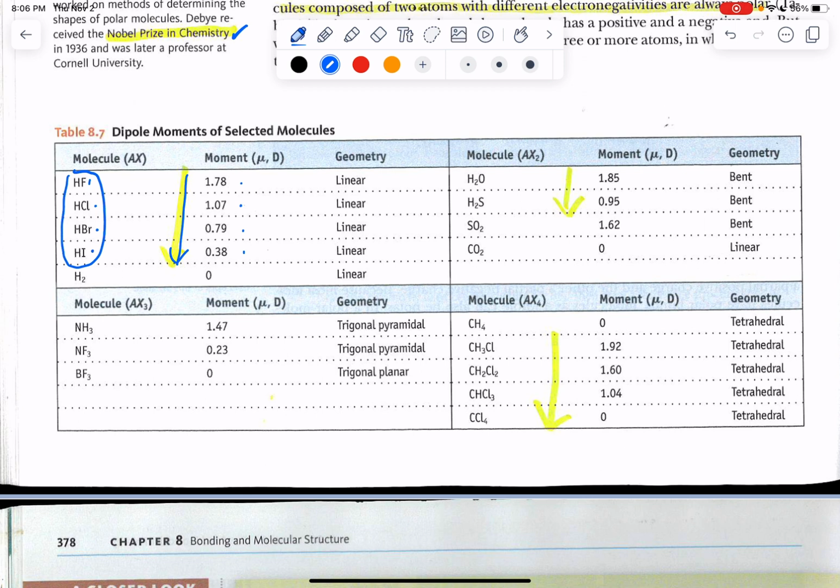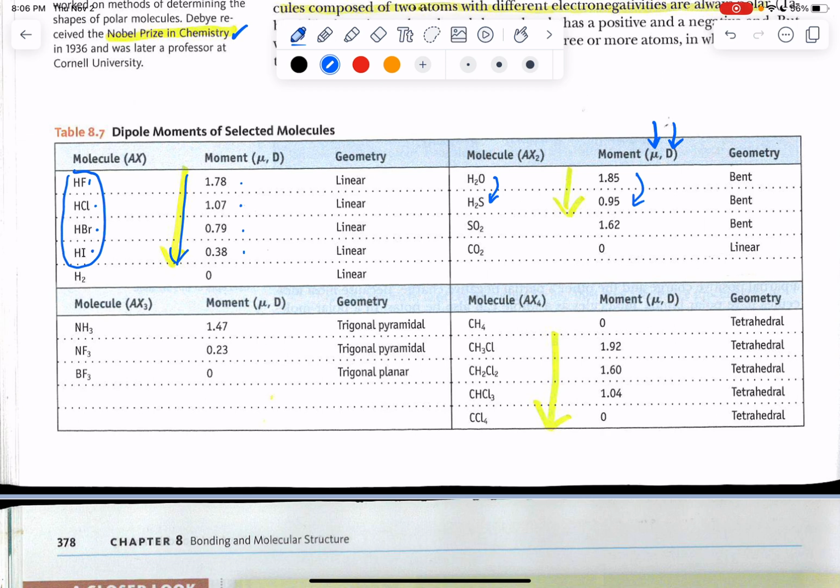You can see a change here between oxygen and sulfur, sulfur being below oxygen on the periodic table. Again, with that additional energy level, you're farther away from the nucleus, and your dipole moment, the number of debyes, goes down. So just for the record, this is your dipole moment symbol, and the unit of dipole is the debye, represented by the letter D.